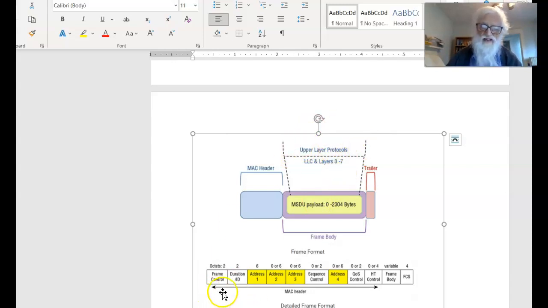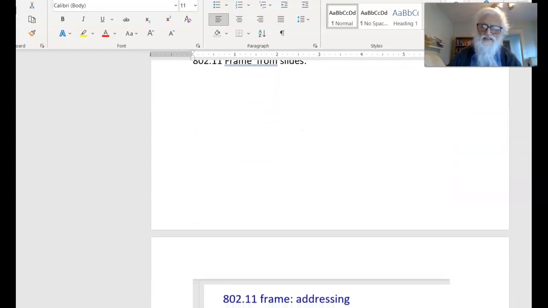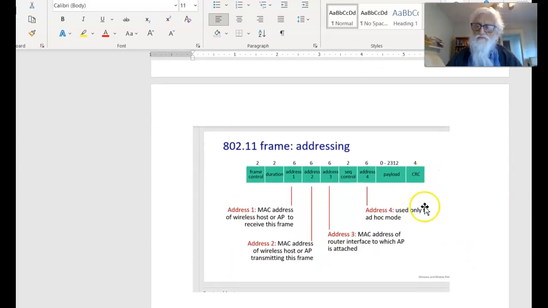The frame contains a frame control, four addresses actually, and other stuff. Some of this is explained in the slides. It explains these particular addresses: the MAC address of the router interface, the MAC address of the wireless AP or host that's transmitting, and the receiving one.